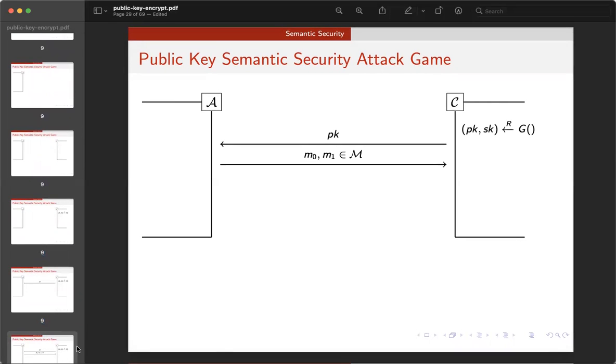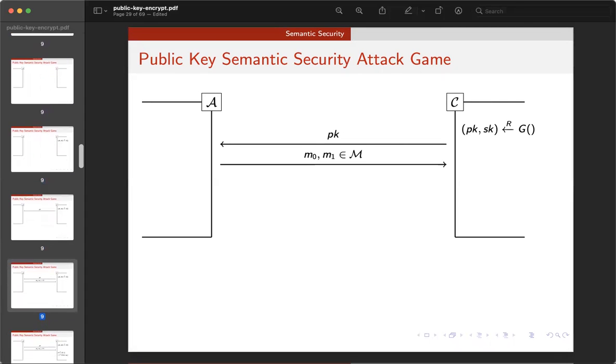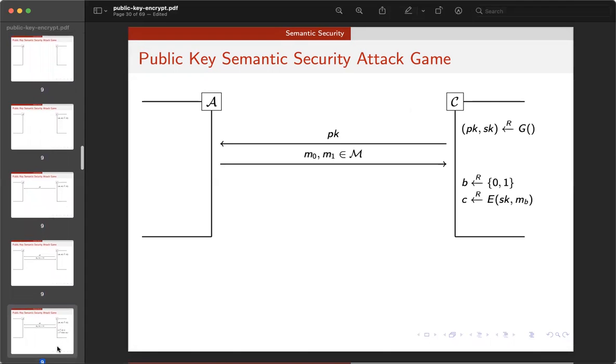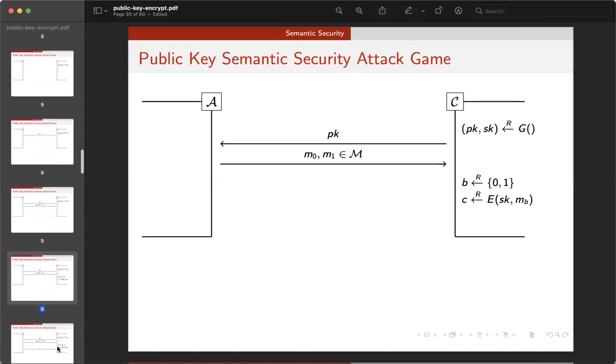The adversary will then send two messages, M0 and M1. The challenger will then pick a number, 0 or 1. Then they will encrypt the corresponding message with their public key.